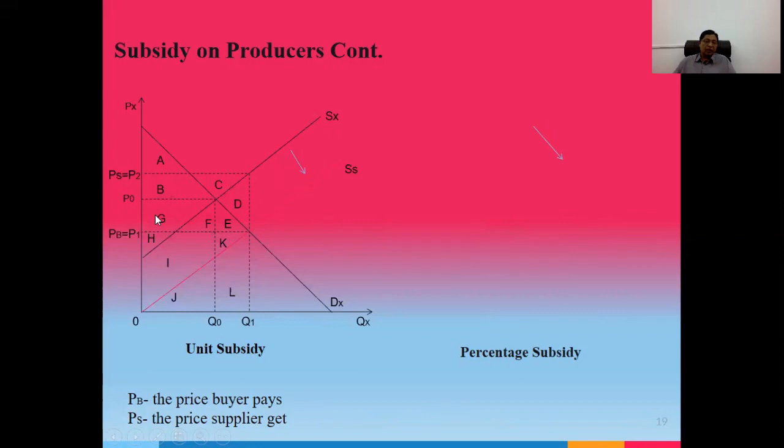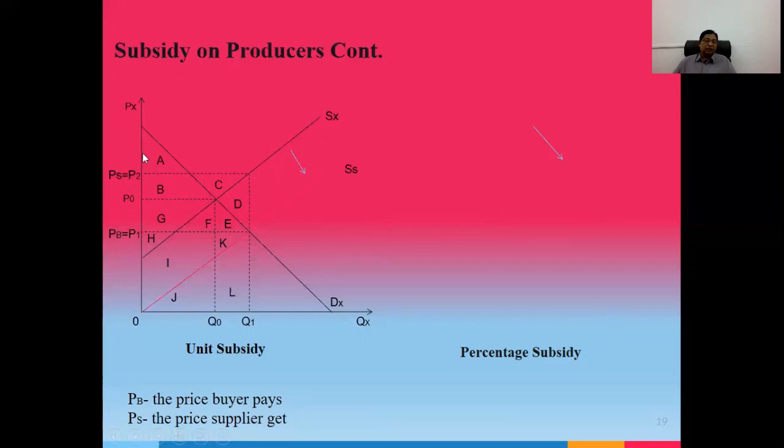Okay. Now you can see this, P1 is the buyer's price. Now purchasers pay a lower price than the initial equilibrium price. Therefore, now consumer surplus is given by the area of this triangle, A, B, G, F, E, that is the consumer surplus after this subsidy.